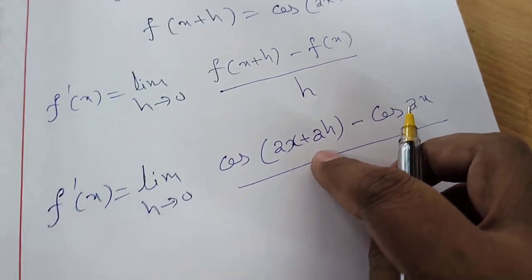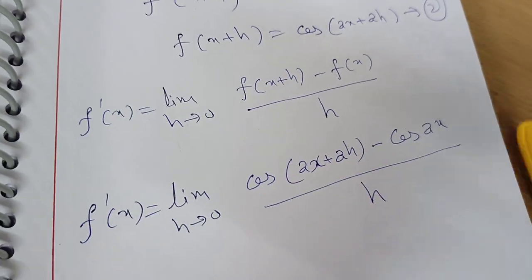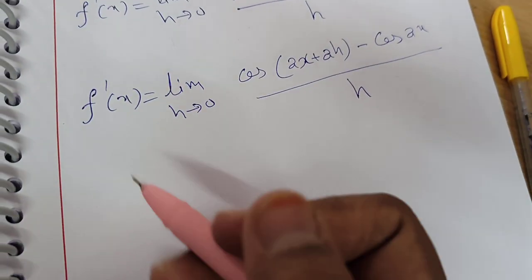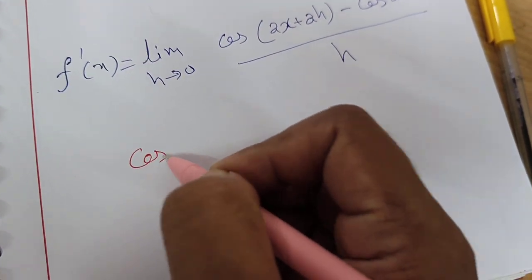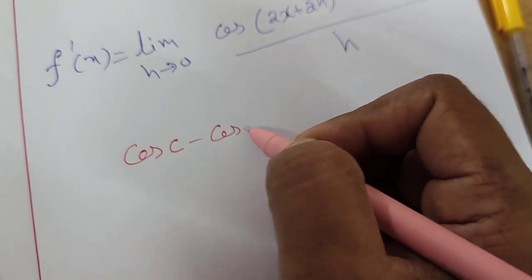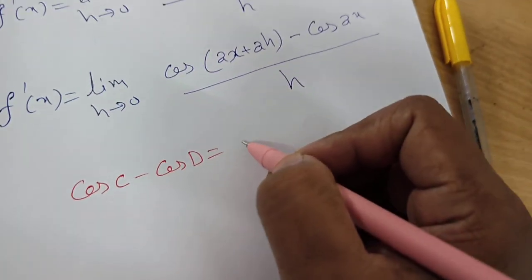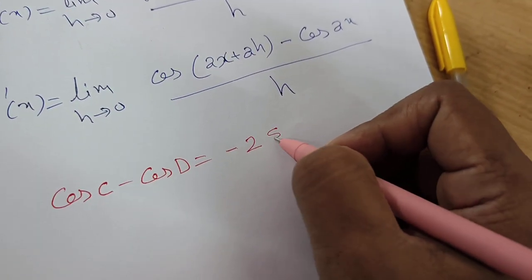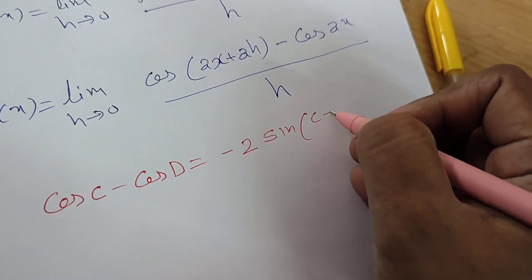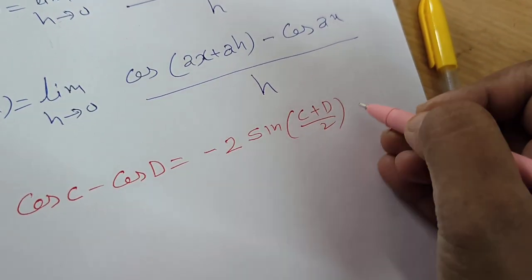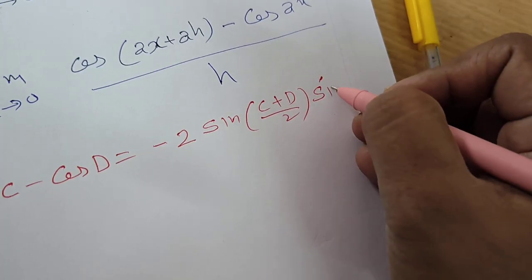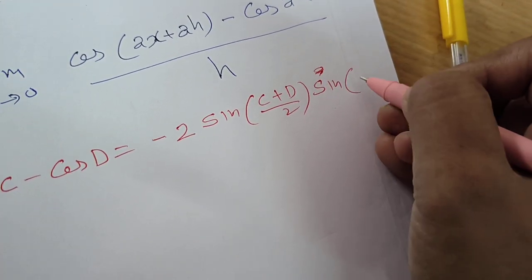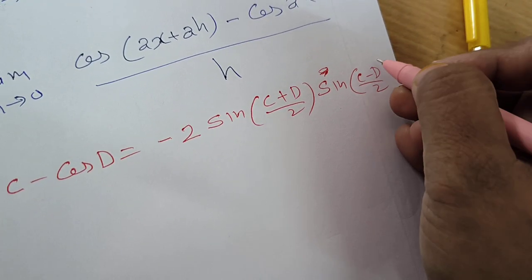Now this is of the form cos c minus cos d. Suppose we have the general formula: cos c minus cos d is equal to minus 2 times sin of (c plus d) by 2 into sin of (c minus d) by 2.